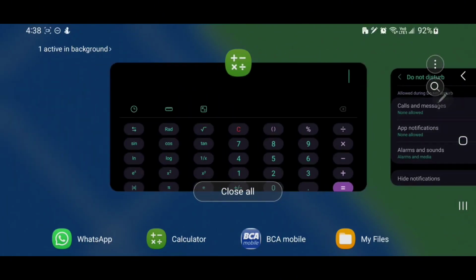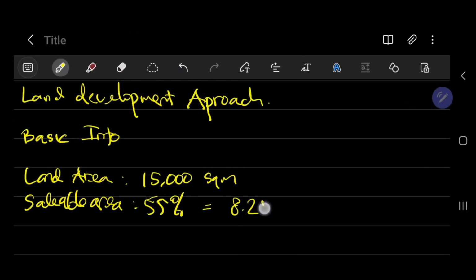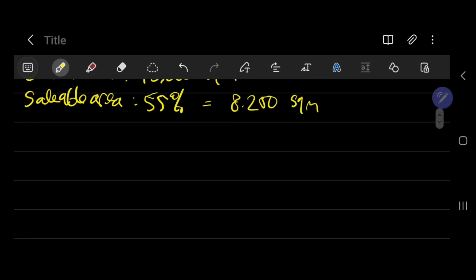So let's calculate: 0.55 multiplied by the land area is 8,250. So the sellable area is 8,250 square meters for landed houses.